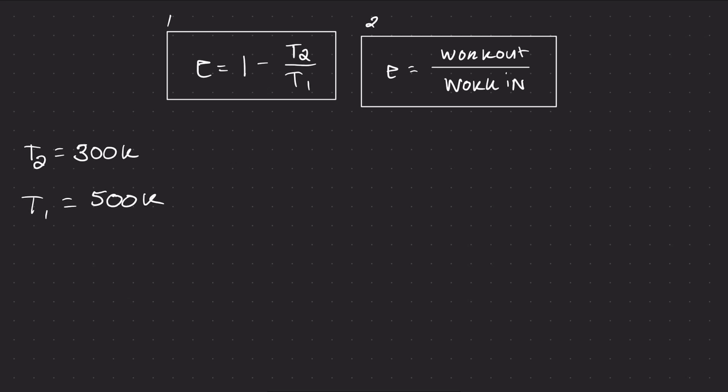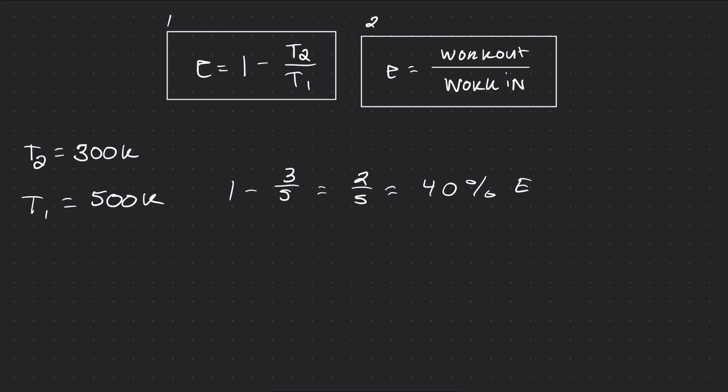We could plug this into the expression: 1 minus 3 over 5 equals 2/5, or 40% efficient. So we could say that this system has a 40% efficiency, and that's the maximum it can have.